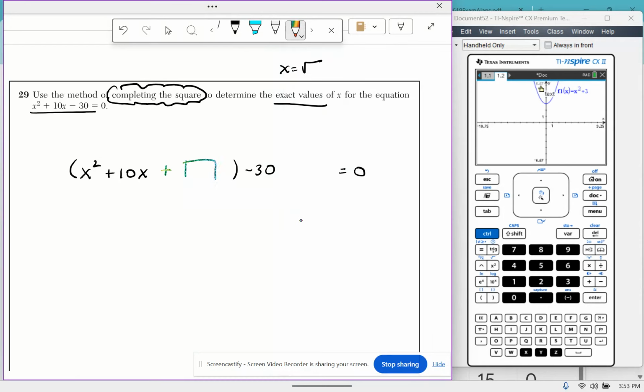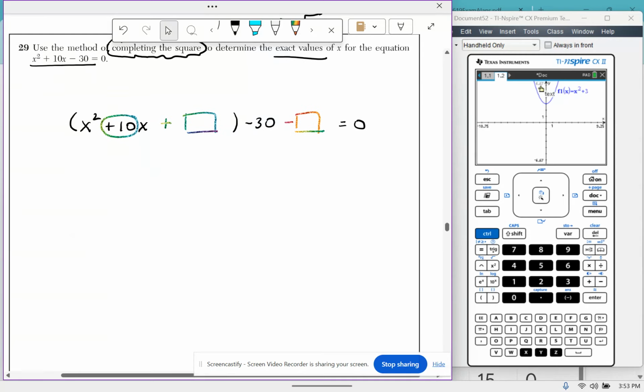Inside the parentheses, I add. Outside of the parentheses, I subtract. I find that magic number by taking the b term, or the coefficient of the plain old x, and then I square it. 10 divided by 2 is 5. 5 squared is 25. 25 is my magic number, and I put it into the boxes.